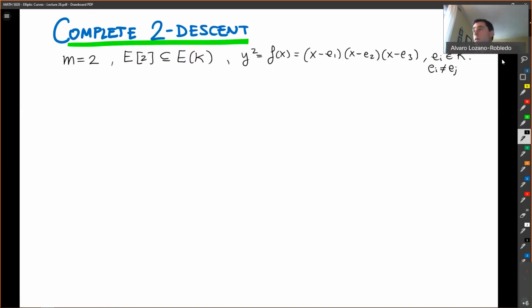If there was a coincidence, it would not be smooth. Let's call the points of torsion T_i. T_i is (e_i, 0). Okay, these are the non-trivial torsion points.